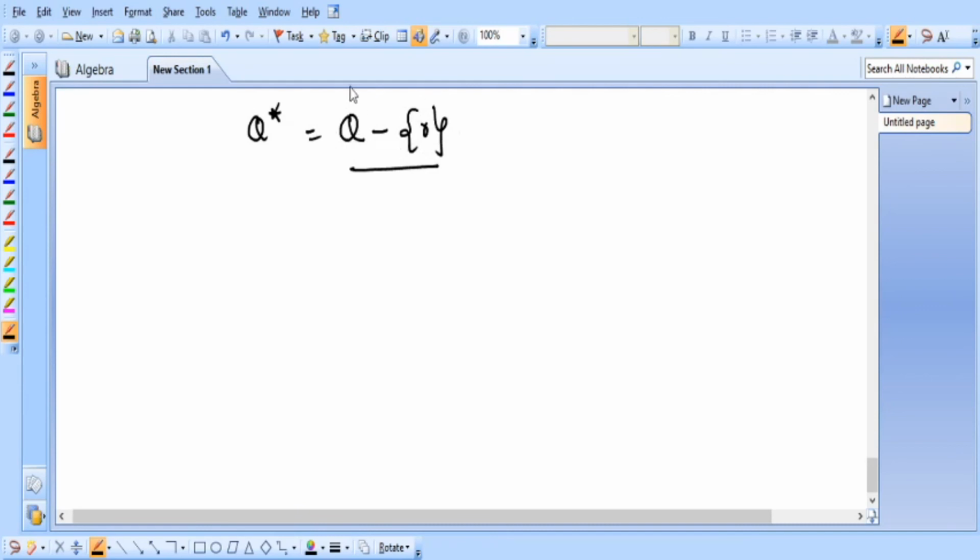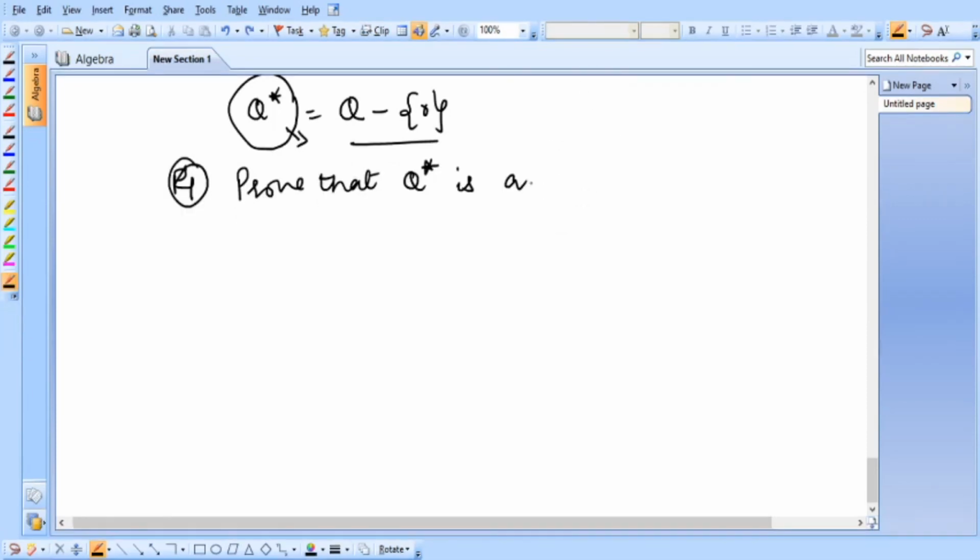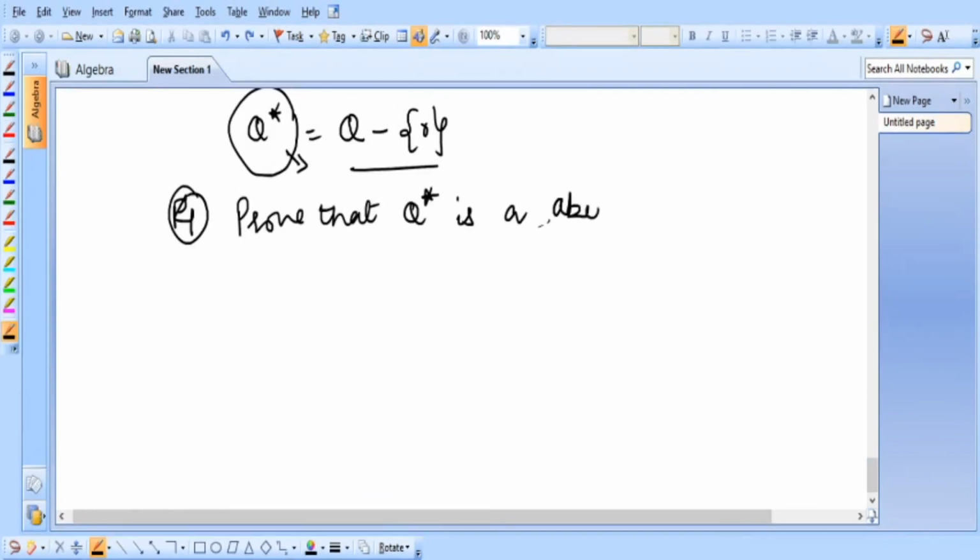It is a set which contains all non-zero rational numbers, and problem 4 is based on this set only. Problem 4, prove that Q star is an abelian group.